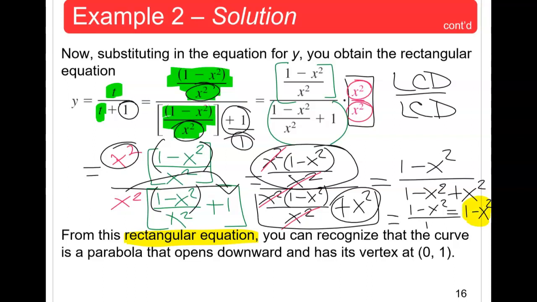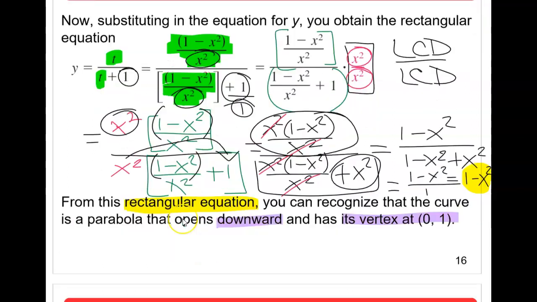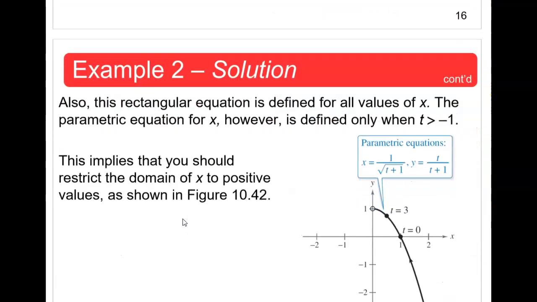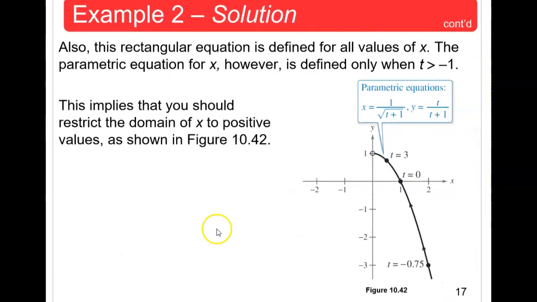And you can recognize that the curve is a parabola, and it's going to open downward because the coefficient of the x squared is -1. And the vertex is going to be at (0, 1). So the graph, I'm going to write it here.